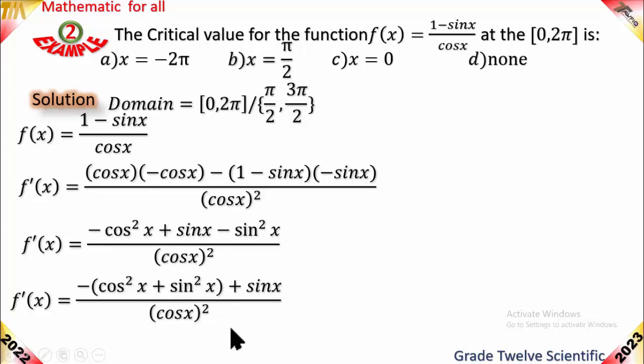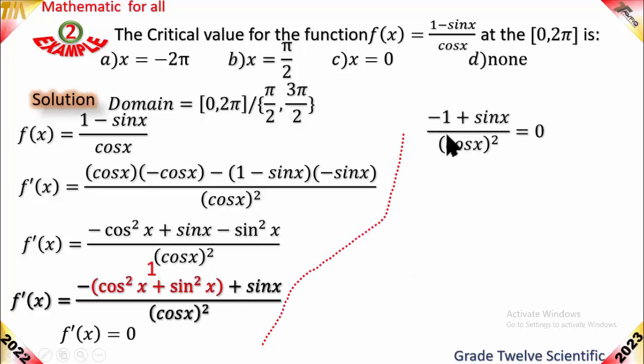As we know that cosine squared plus sine squared is 1, therefore f prime of x is equal minus 1 plus sine x, equal to 0.